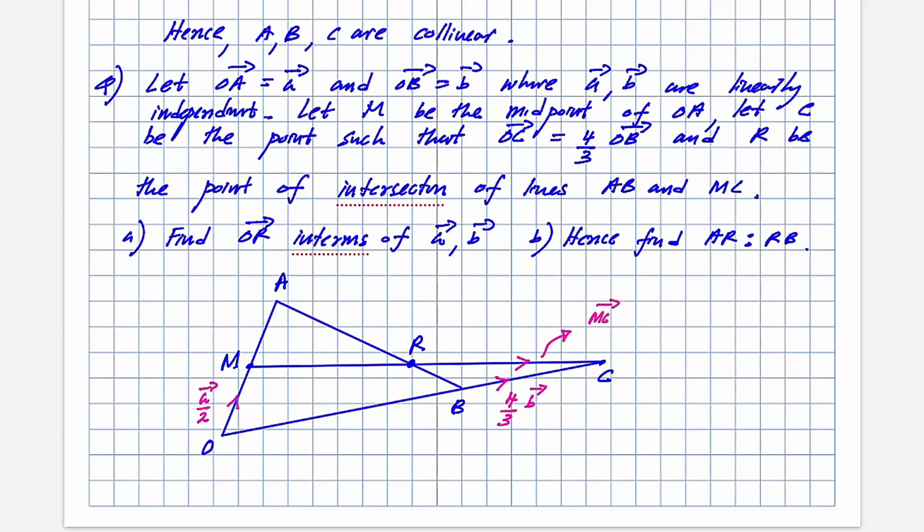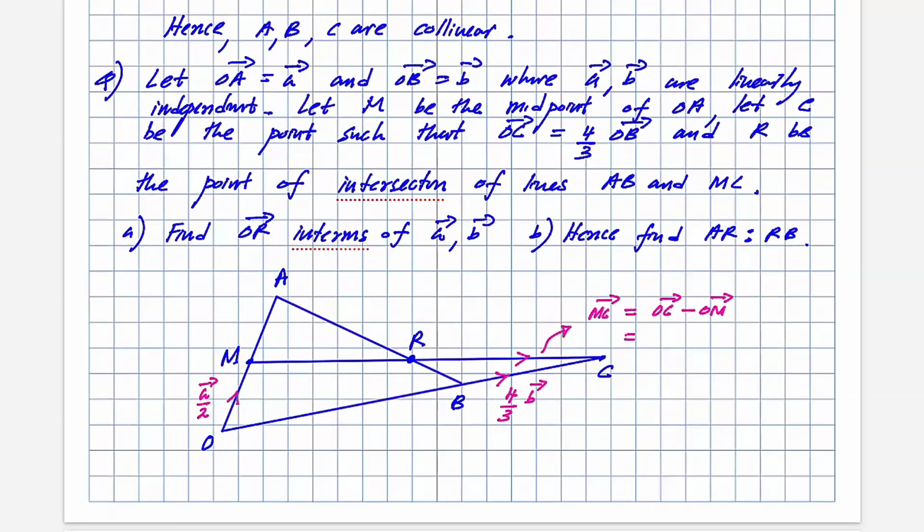MC vector is equal to OC vector minus OM. So OC vector is going to be 4 divided by 3 B. OM vector is half of A, right?